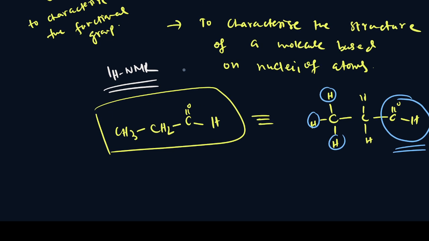Basically in this part, first I will go over the introduction, some basics and the importance of NMR spectroscopy, general NMR spectroscopy. It may be 1H NMR, 13C NMR, fluorine NMR, or phosphorus NMR. So the basic introduction I will talk about first.